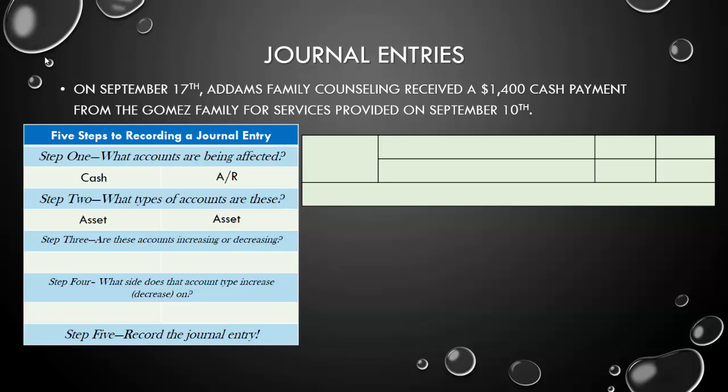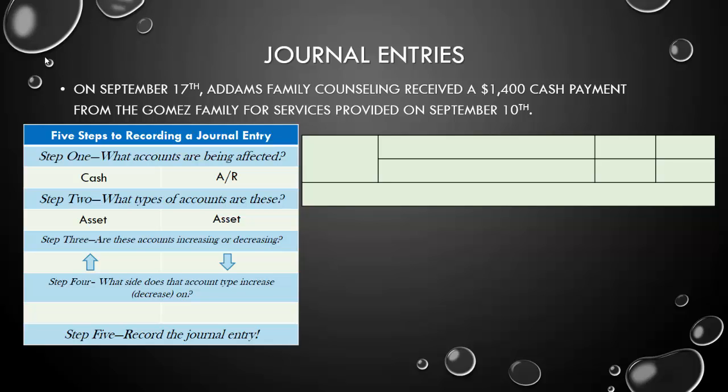We're getting the cash, which means the company's cash account is going to increase. The Gomez family is not going to owe us money anymore, which means the amount of money that we are stated and waiting to receive from other parties has to be going down because they no longer owe us this cash.